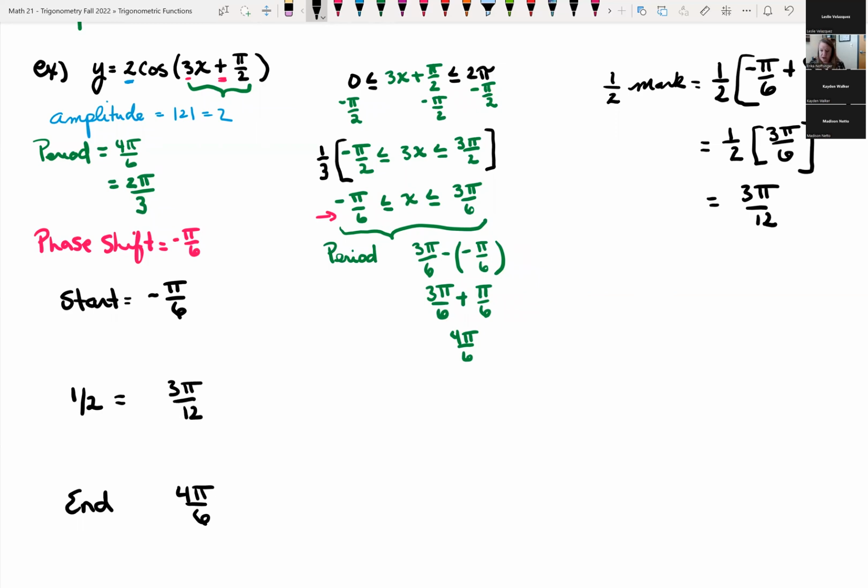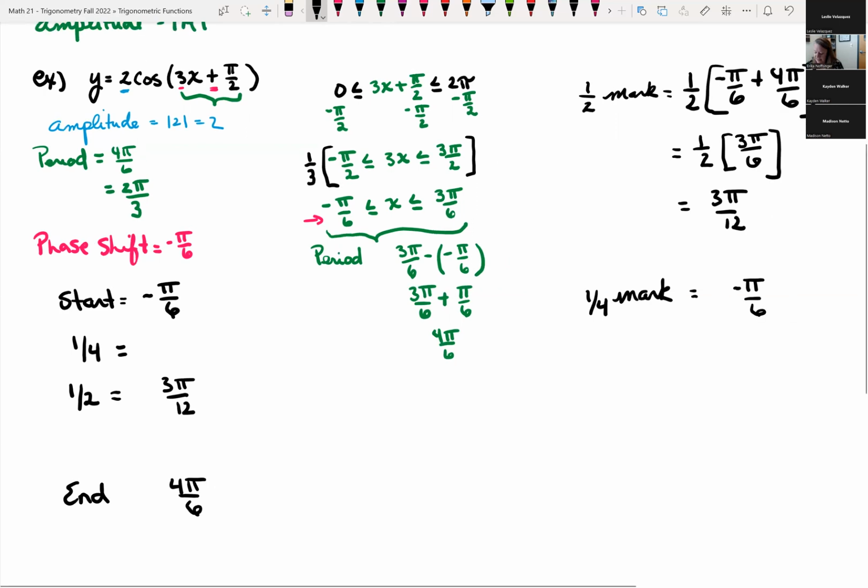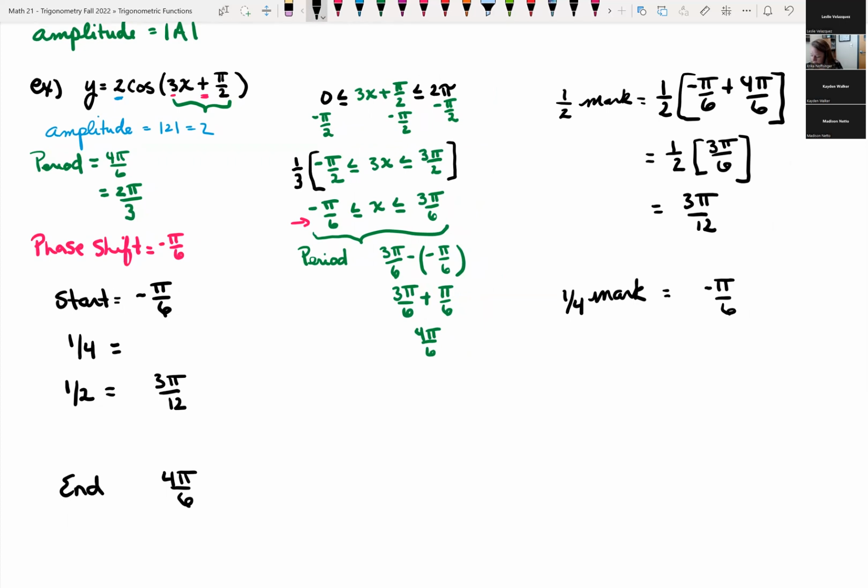So now I need to find my quarter-way mark. Again, we're going to look at the midpoint, but now between the start value, which is negative pi over 6, plus the halfway mark, 3 pi over 12, and multiply that by 1/2.